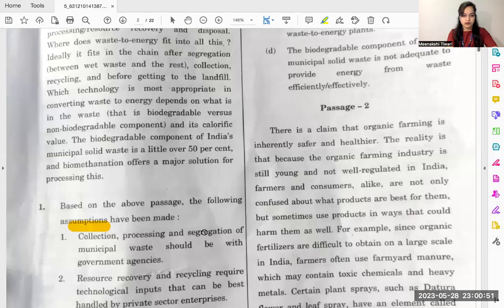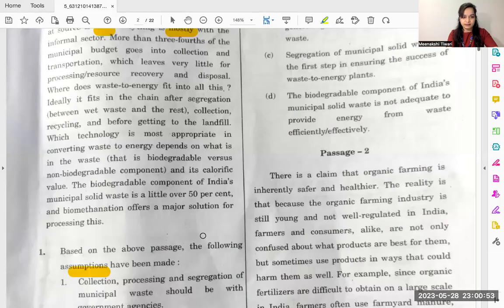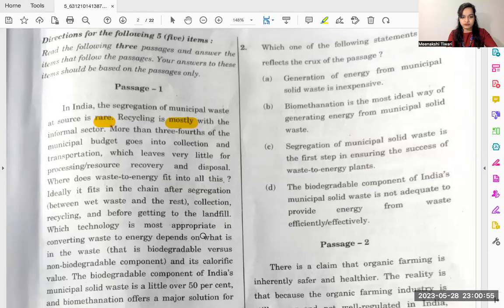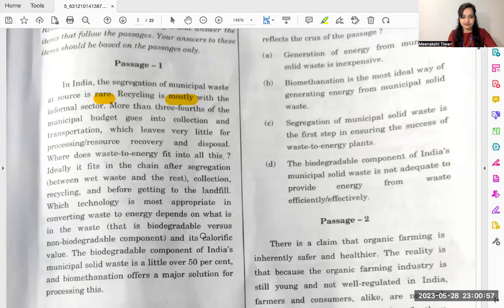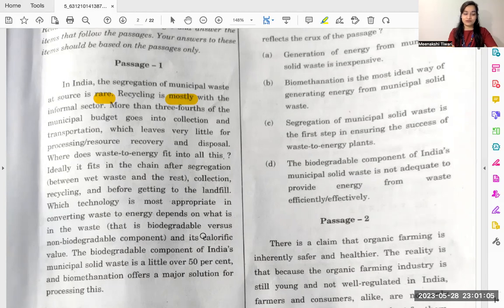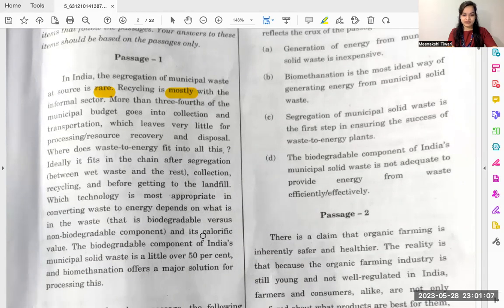Now look at this. If you've read the passage, please pause the video once again and review it. If you haven't read the passage, pause the video and read it leisurely. Or if you've already read the passage, then let me make it a little faster for you.